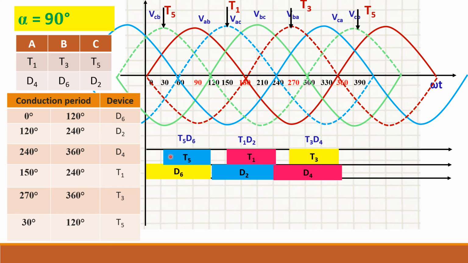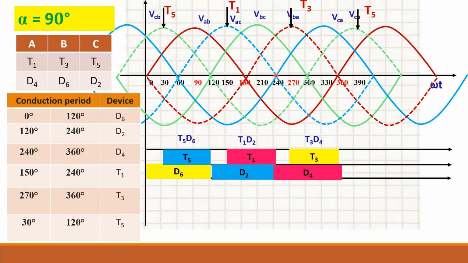You mark this one. You can see here there is some gap. It means that T1 is not conducting for 120 degree. Instead, it is less than that. Why is it so? Because it starts conduction at 150 degree only, and if you see this blue waveform, it reverses at 240.